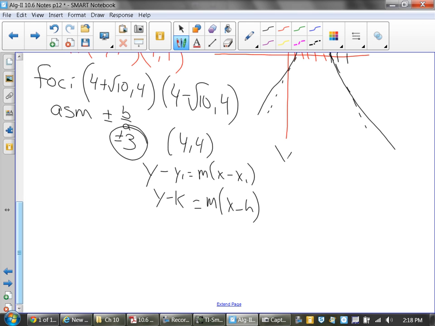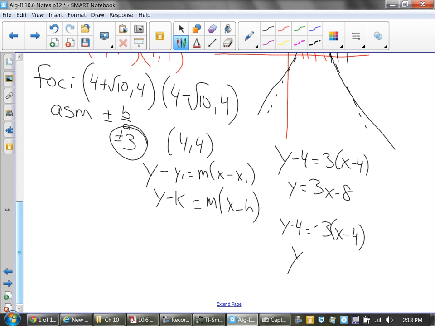So you have y minus 4 equals 3x minus 12, add the 4, so you get y equals 3x minus 8 for one of them. And then the other one would be y minus 4 equals negative 3x, negative 3x plus 12 plus 4, you get y equals negative 3x plus 16.